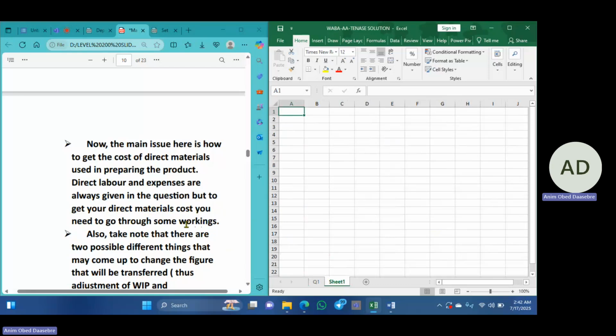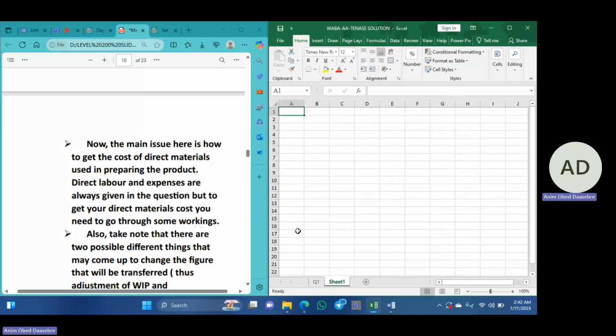So that's what we have basically done, right? Your direct labor and direct expenses will be given to you in the question. Sometimes they will give you only direct labor cost. So in that instance, you only add the direct labor cost to the direct material cost to get your prime cost, right?